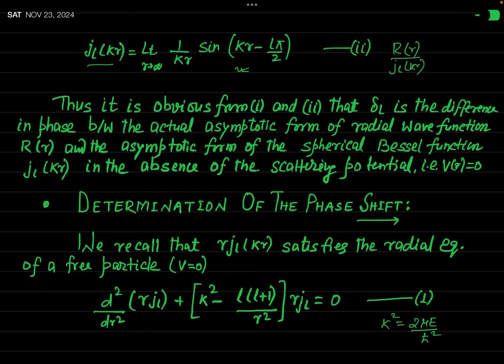In fact, this delta L is simply the phase difference between R of r, that is the radial wave function, and this radial function.